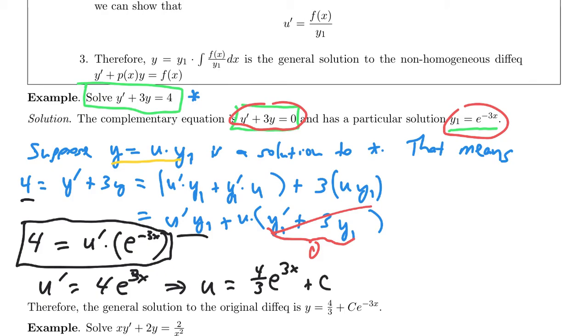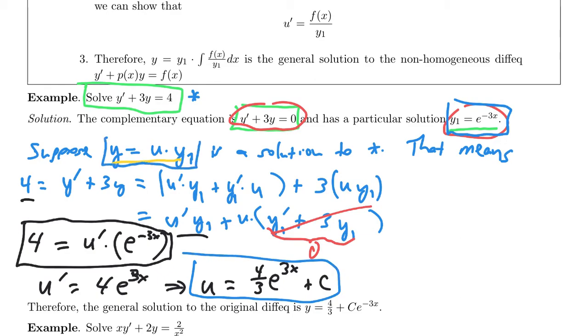And so now I have my y1 up here, I have my u right here, and remember we set all this up so that the product of u times y1 is a solution. So there's a lot of little pieces I have to put together, but once I locate all of them, this guy and this guy all together tell me that y is the product of u and y1.